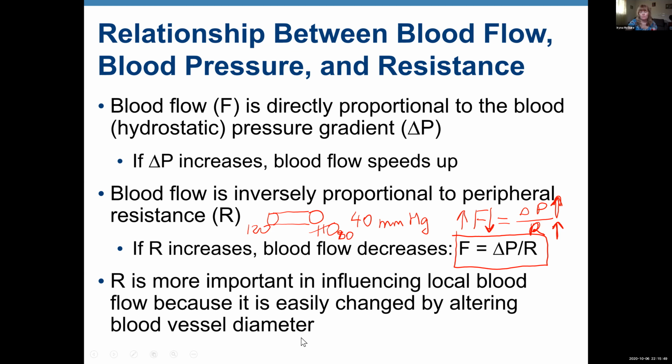So instead of dealing with the pressure gradient, your body can regulate resistance, and this will affect blood flow. And remember why we care about blood flow so much: blood flow equals cardiac output. So you can regulate cardiac output, and you can regulate the amount of blood reaching your different organs and tissues.